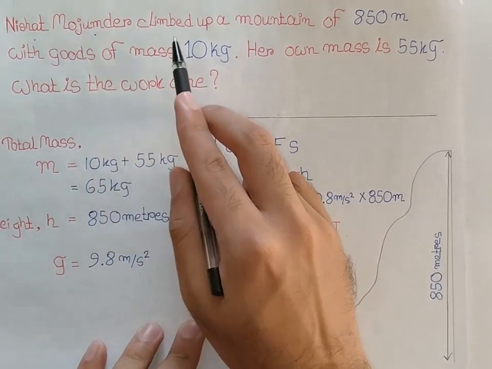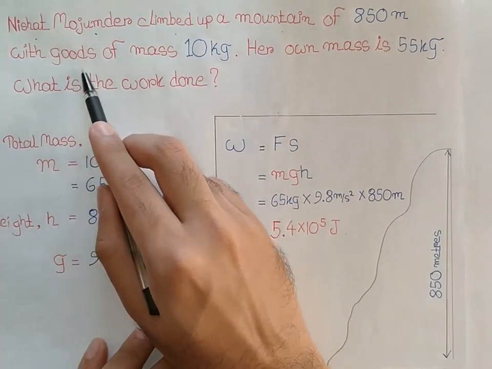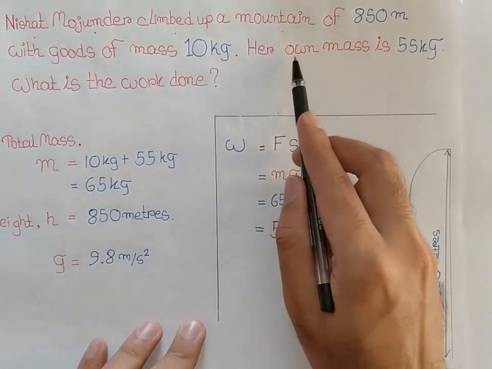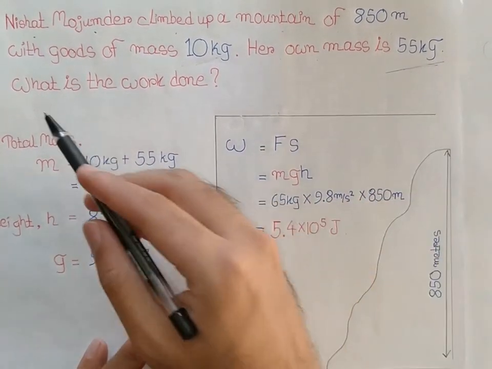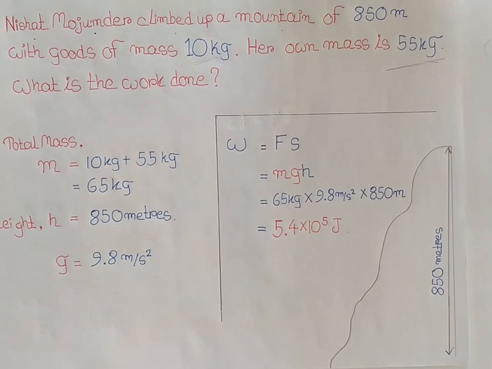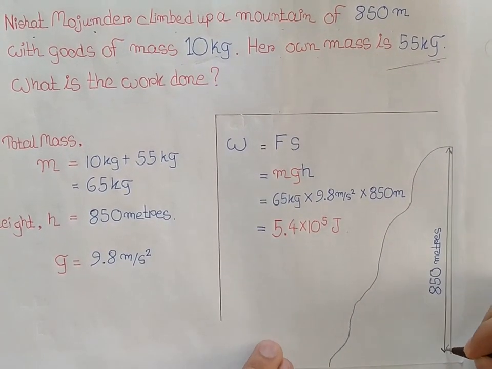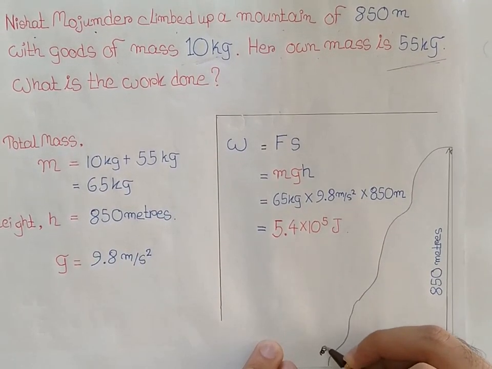Nishat Majumdar climbed up a mountain of 850 meter with goods of mass 10 kg. Her own mass is 55 kg. What is the work done? Have a look in the graph. This is the hill and Nishat Majumdar started climbing from here.